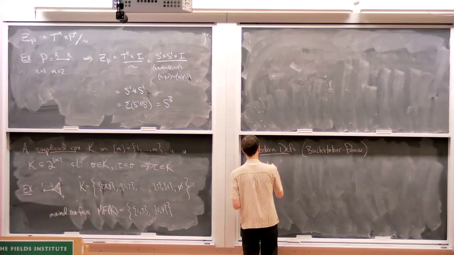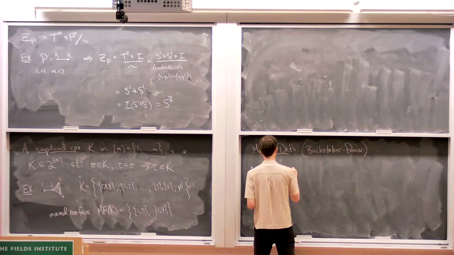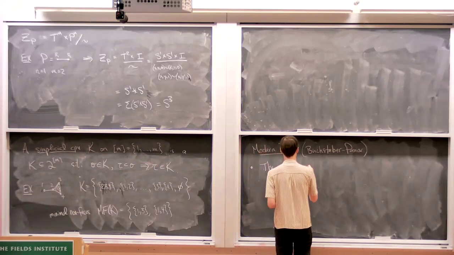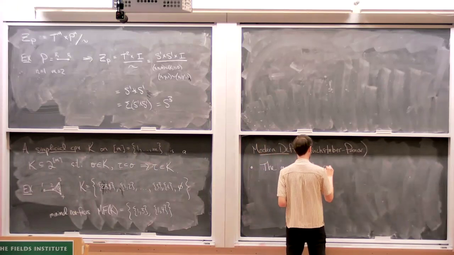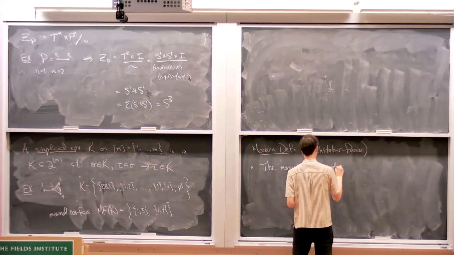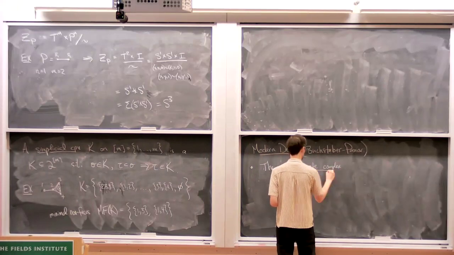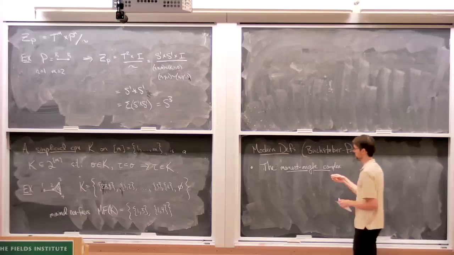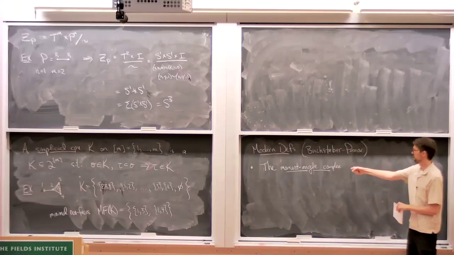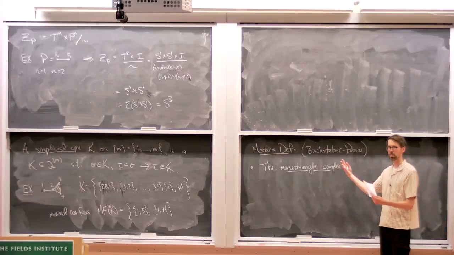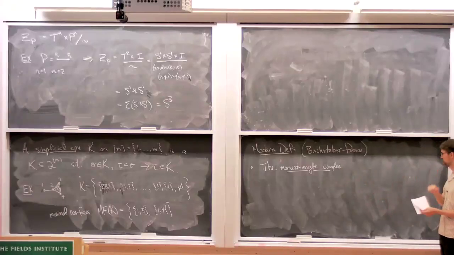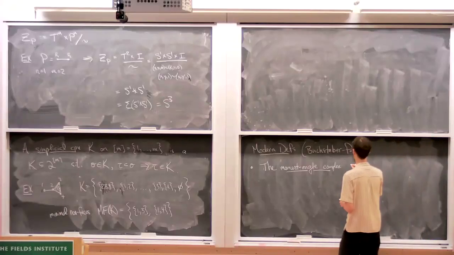So now we're going to associate a moment angle complex to any simplicial complex. This word complex is going to be overused, but in this term, it's referring to a CW complex, not a combinatorial object like a simplicial complex.